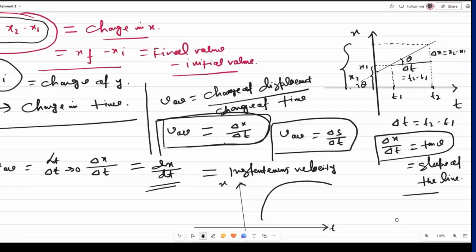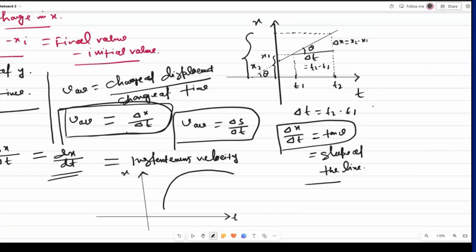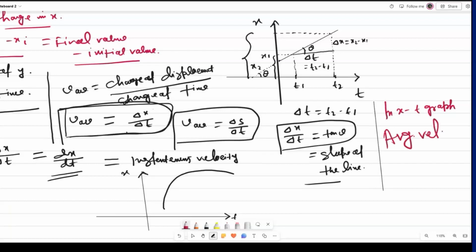You can remember this concept also, that in an XT graph, average velocity is equal to the slope of the XT graph.